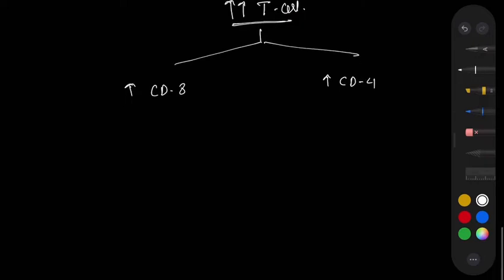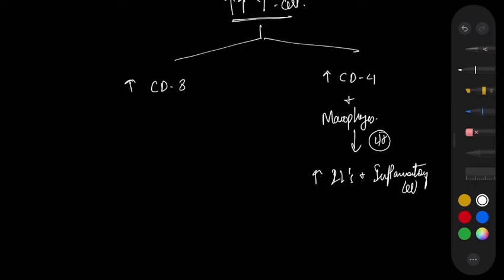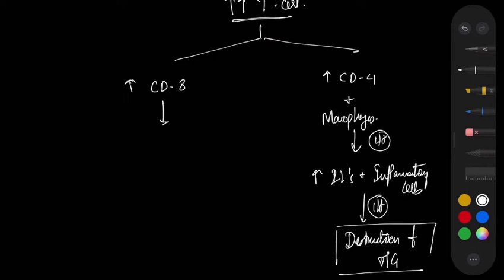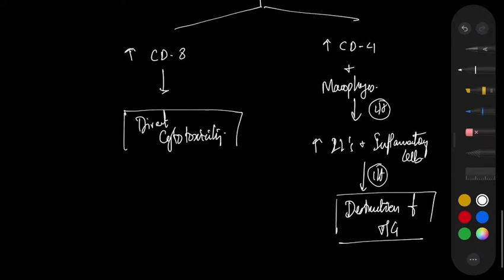So, now we'll first discuss your CD4. CD4 plus your macrophages leads to an increase in your interleukins and your inflammatory cells, which leads to destruction of the thyroid gland. And CD8 cells, which are cytotoxic, cause direct cytotoxicity. So now we have three factors.